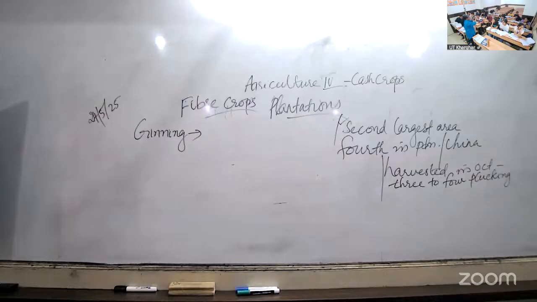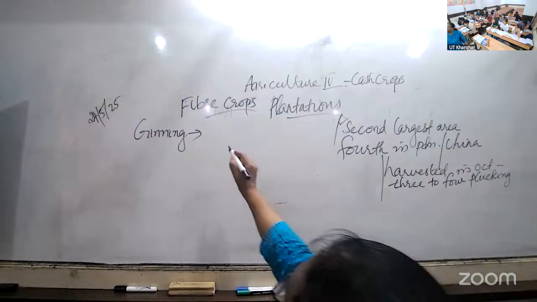Ginning is the process to separate the seeds from the fiber. Understood? So from the full cotton balls, there is a method of separating the seeds. Have you seen cotton? There are seeds. The seeds and the middle part have to be separated with the help of a spindle.